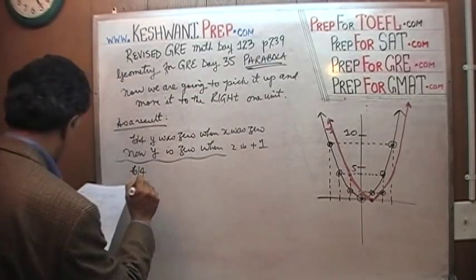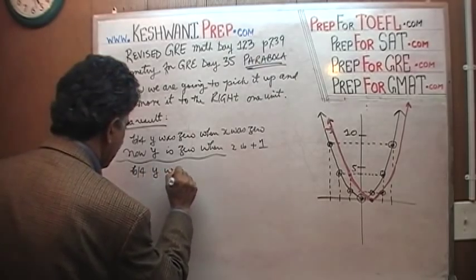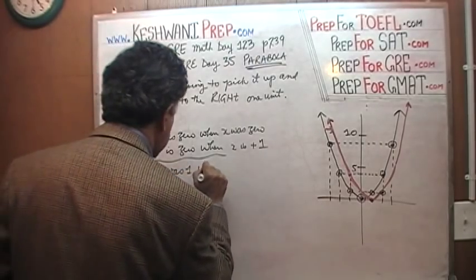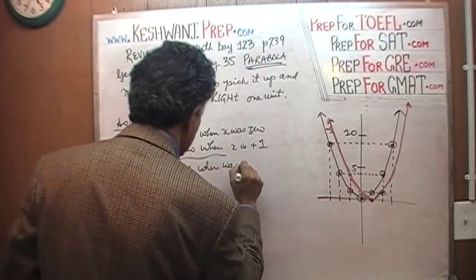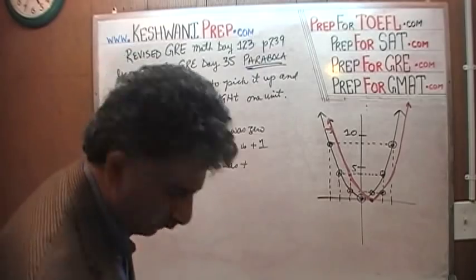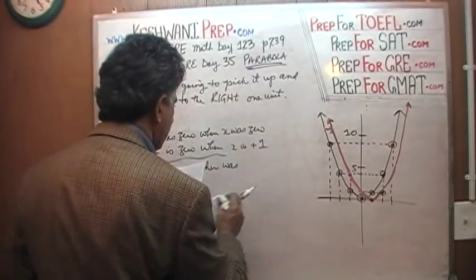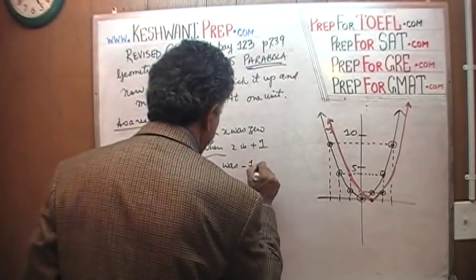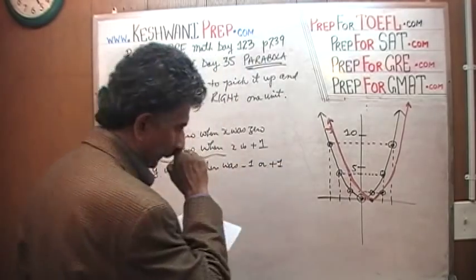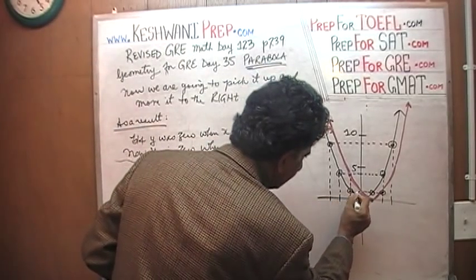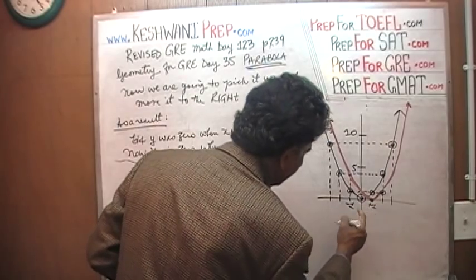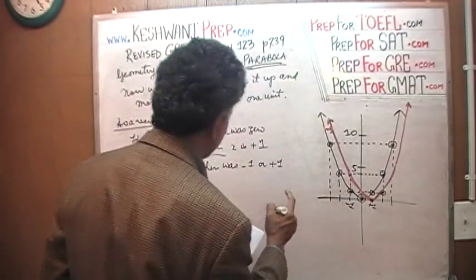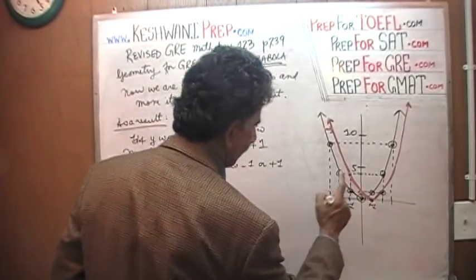Before, y was 1 when x was positive or negative 1. You see? When x was negative 1, y was 1. Or when x was positive 1, y was 1.